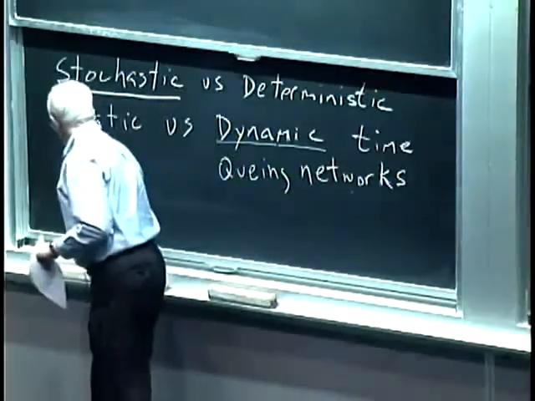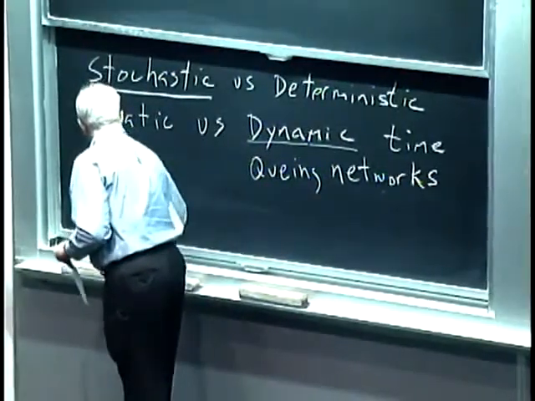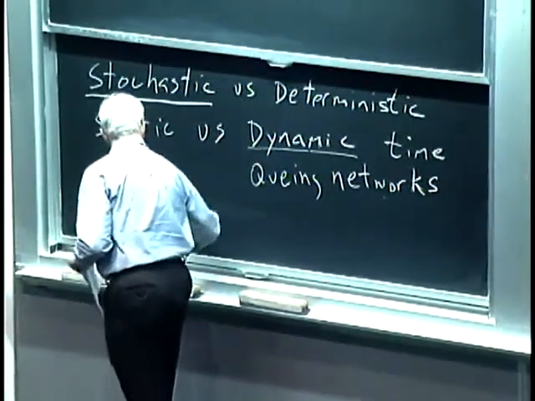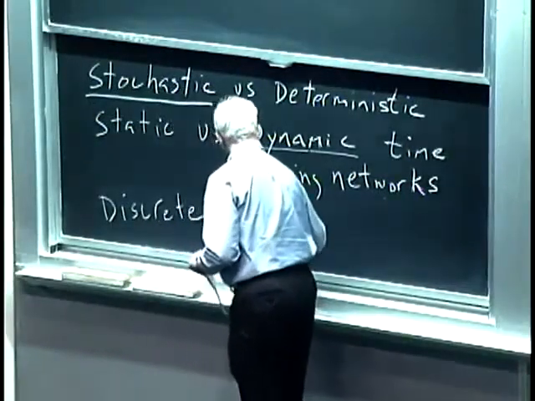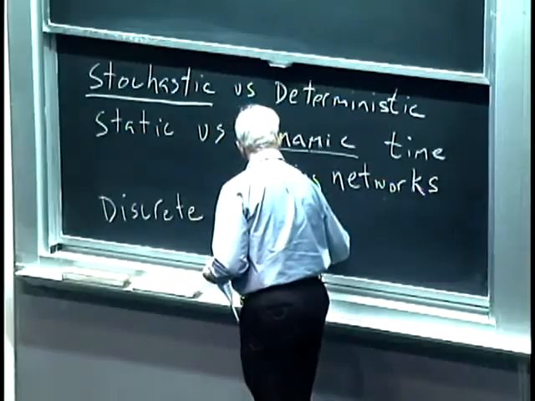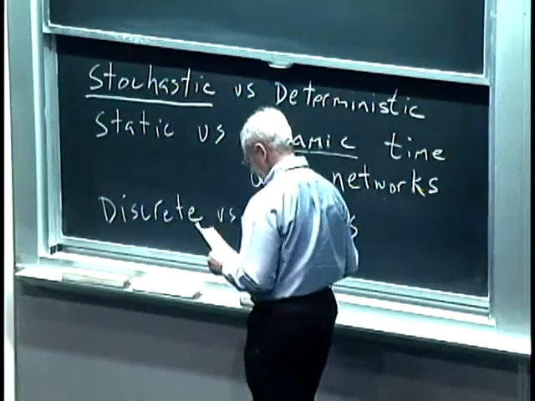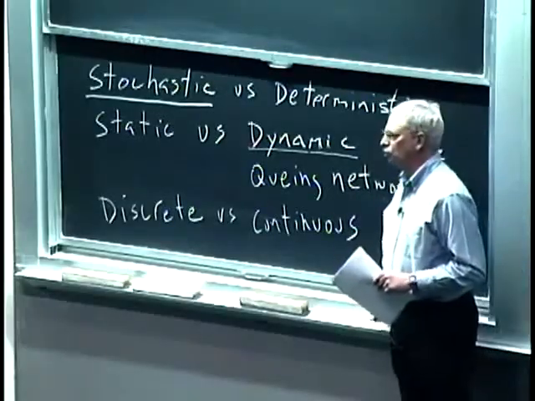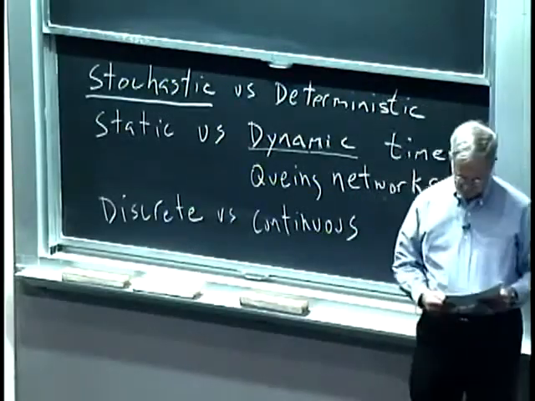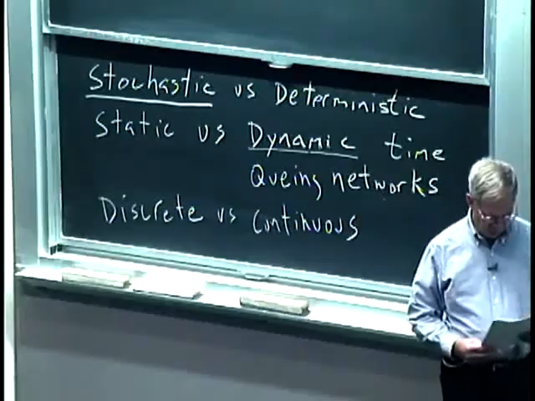A third dichotomy is discrete versus continuous. Imagine, for example, trying to analyze the flow of traffic along a highway.